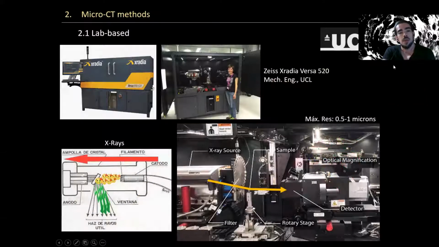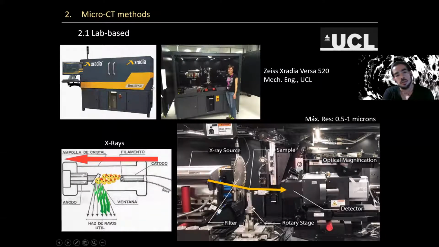And a lab microCT looks something like this. It's an instrument which basically uses the space of a room. And what does a microCT consist of? We have an electron source, which could be a cathode or a filament, which is shooting electrons towards a plate.